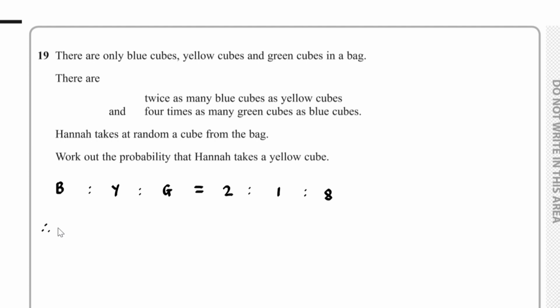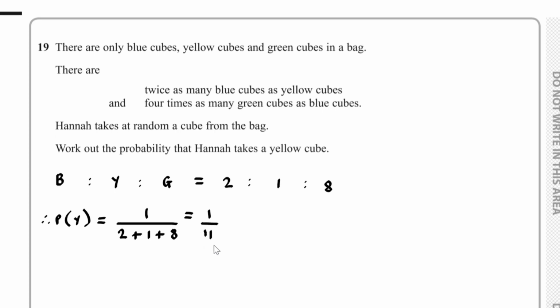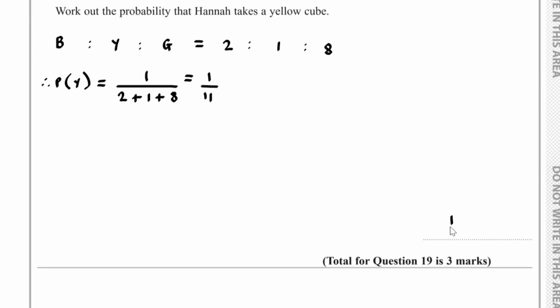Therefore, in total, we have 2 plus 1 plus 8. And of those, one of them is yellow. So we have 1/11 as our fraction.